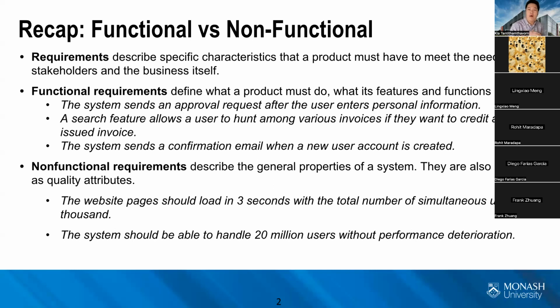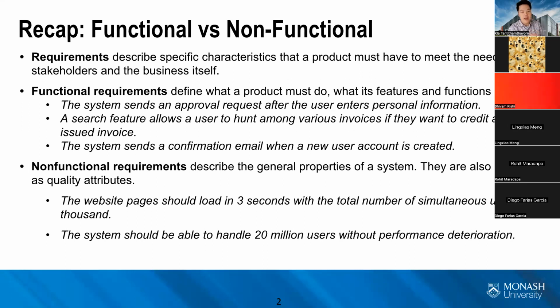But when we look at the overall software system, that becomes a non-functional requirement. Let's take a look at these one by one. Let's say the system sends an approval request after the user enters personal information. This describes the behavior, the feature of the software system, so it is a functional requirement.